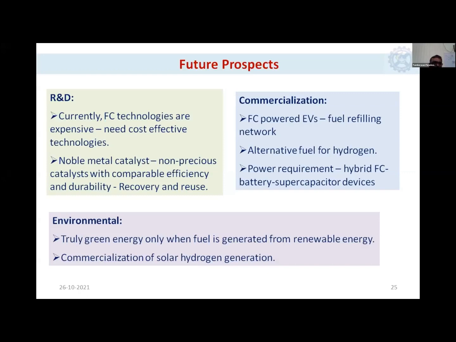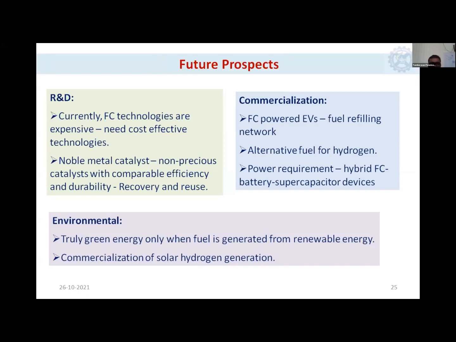You use all these renewable sources of energy to generate hydrogen. Then it will be truly a greener source of energy. And in the commercialization, solar hydrogen generation is the more feasible way compared to other sources like ocean or geothermal sources.